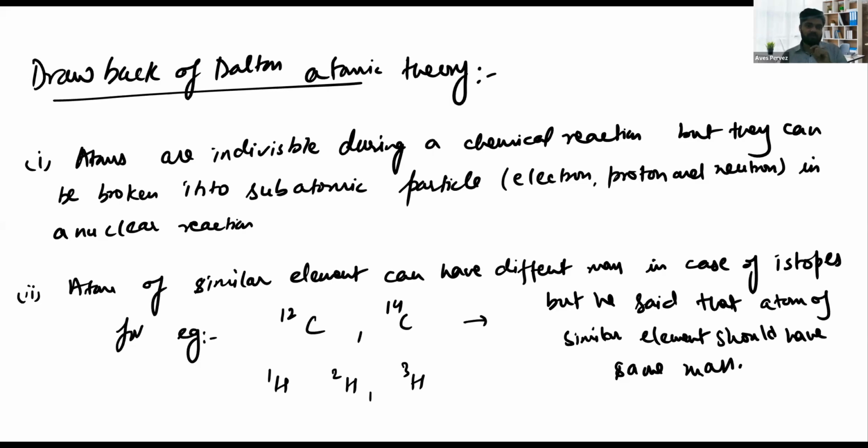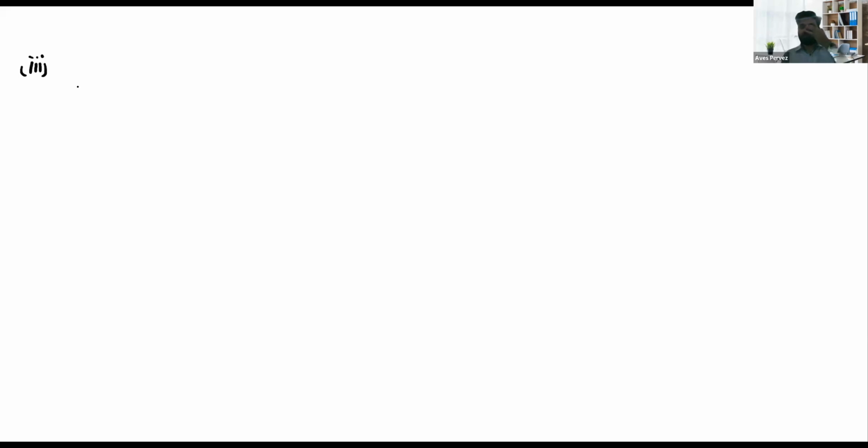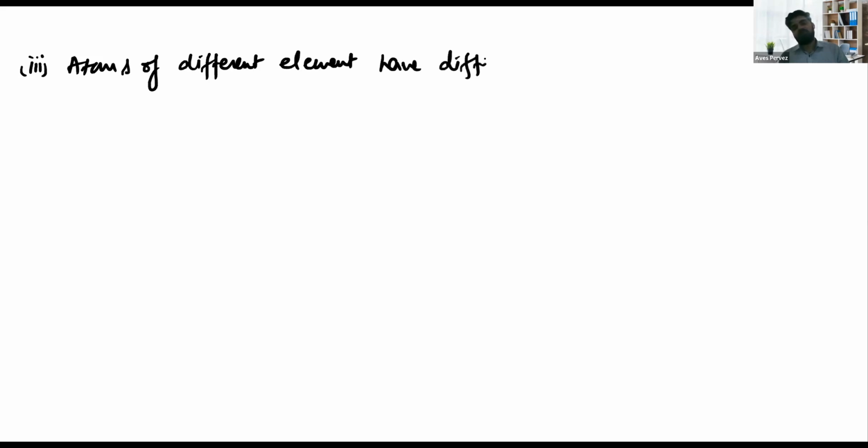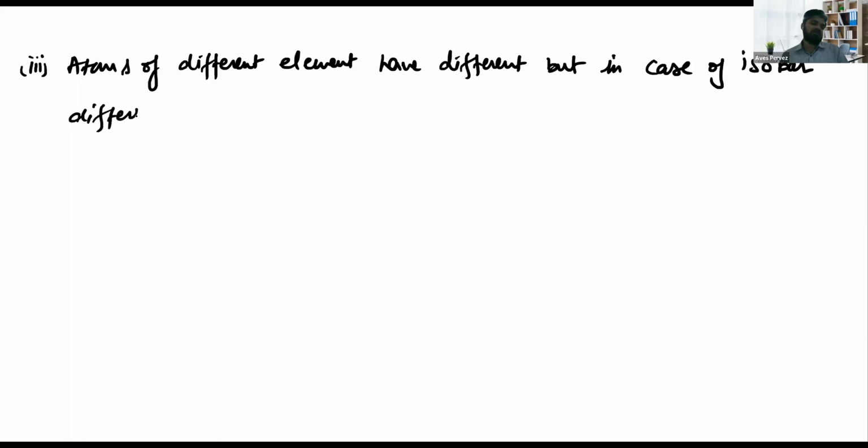Okay, so let's move further. The third postulate: atoms of different elements have different mass, but in case of isobars, different elements can have the same masses.